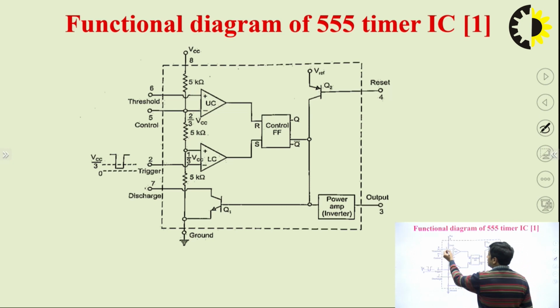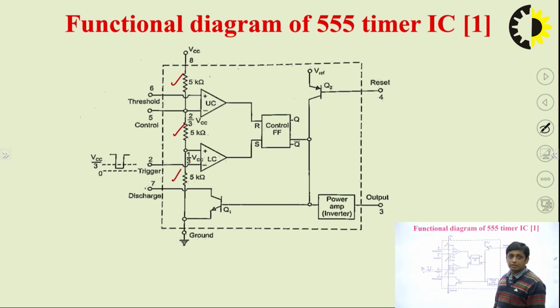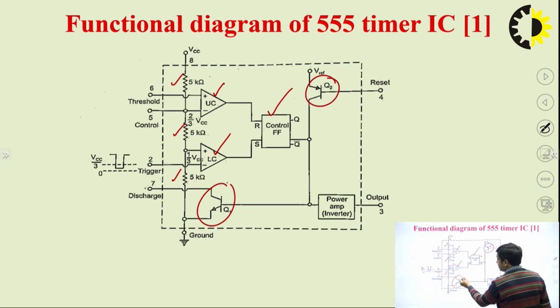It contains 2 comparators, UC the upper comparator and LC the lower comparator, and apart from that there is an SR flip-flop and 2 BJTs: a PNP transistor, Q2, and an NPN transistor, Q1.